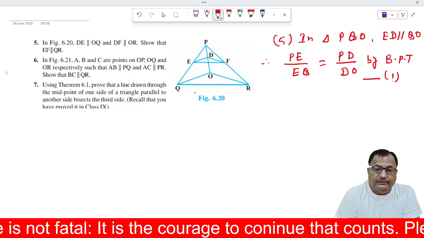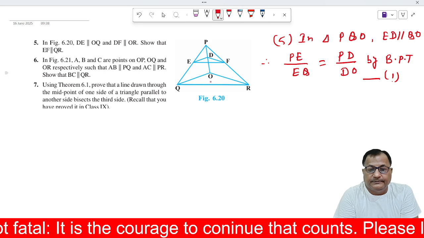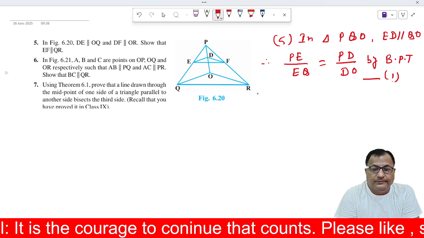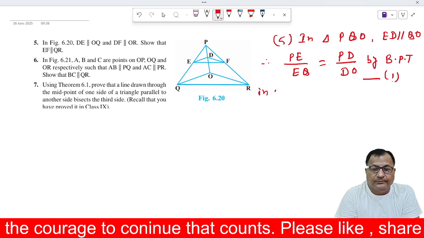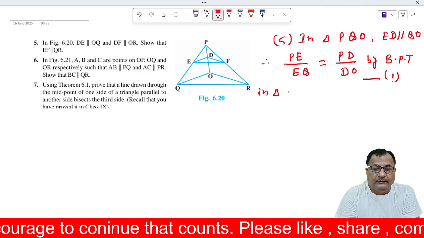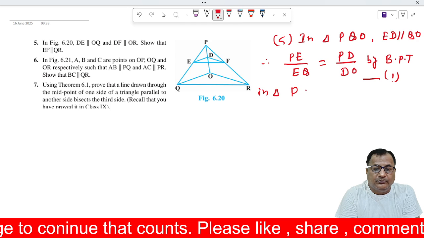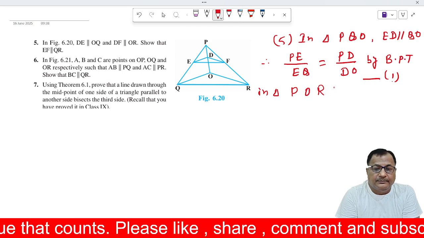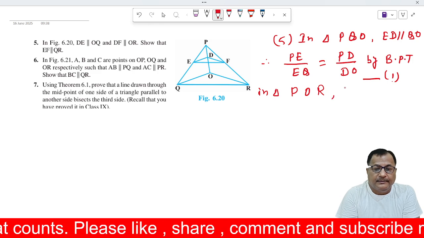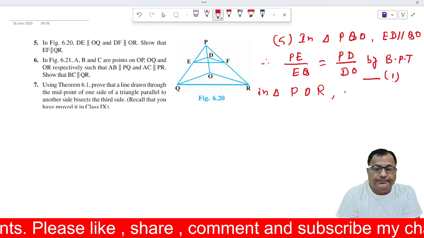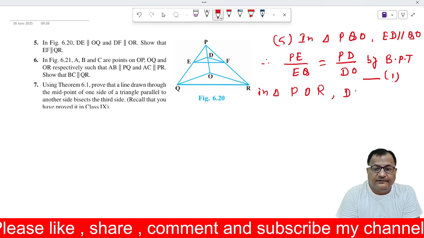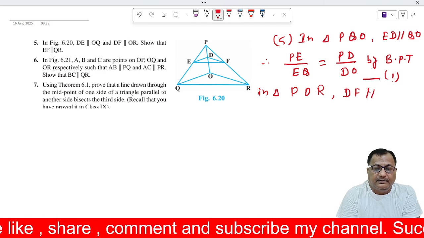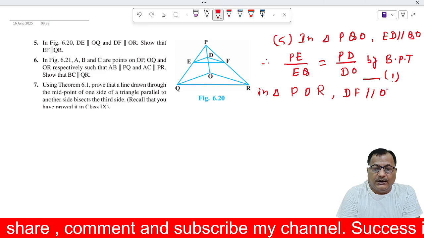This is 1. Now in triangle POR, DF is parallel to OR.